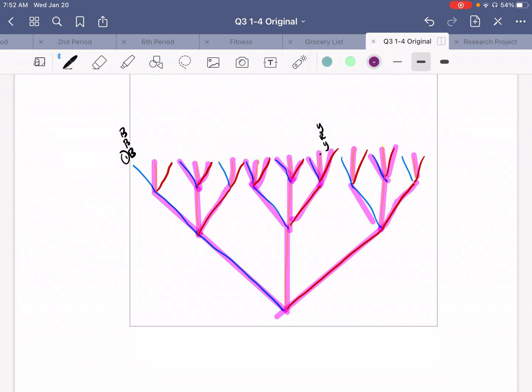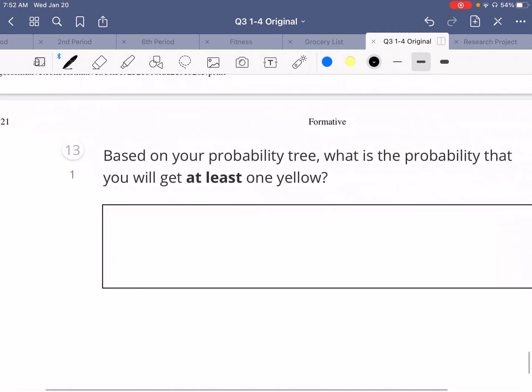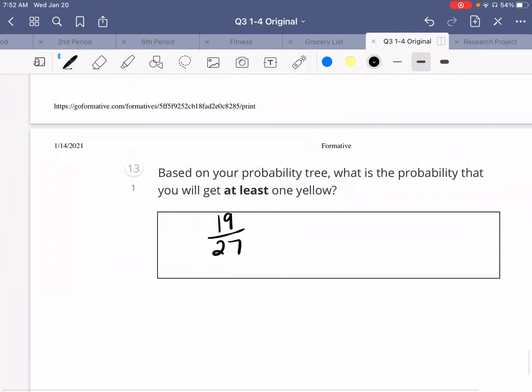So if we count up the highlighted ends, there's 1, 2, 3, 4, 5, 6, 7, 8, 9, 10, 11, 12, 13, 14, 15, 16, 17, 18, 19. 19 that have at least one yellow, so 19 desired outcomes over 27 total outcomes. All right, hope that helps. Good luck on your retest.